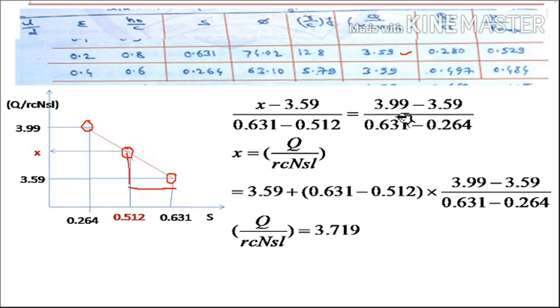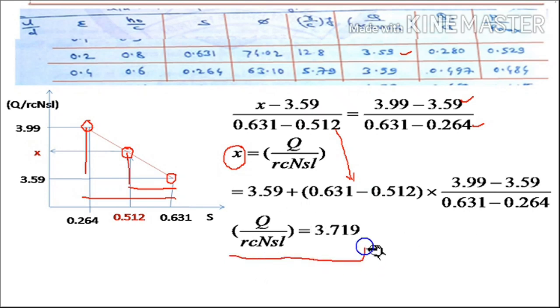Similarly, the height and base of the bigger triangle are written over here, and then I am trying to get the value of x, that is Q by RCNSL, which is given by 3.59 plus this particular term multiplied by the numerator and denominator as it is. So finally I am getting the value of Q by RCNSL equal to 3.719.